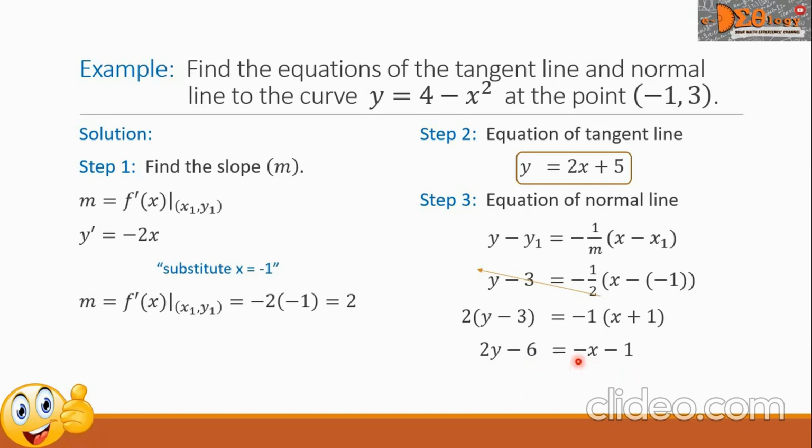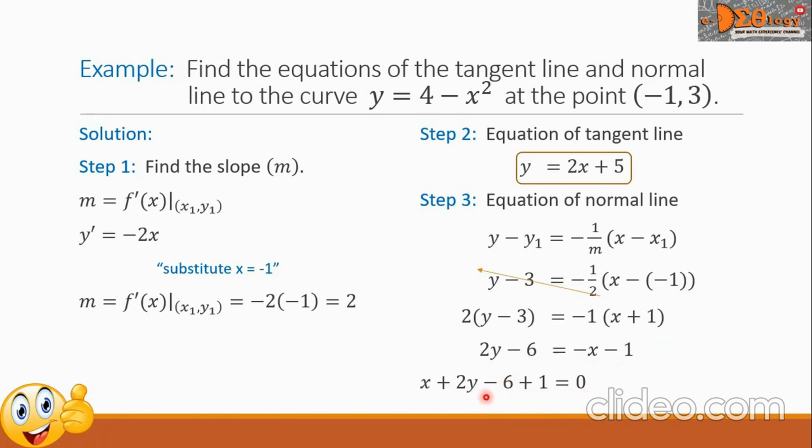Since we have here a negative x, let us transpose all terms of the right side going to the left. Of course, we know that the signs must be changed respectively. So we have now x plus 2y minus 6 plus 1 equals 0.